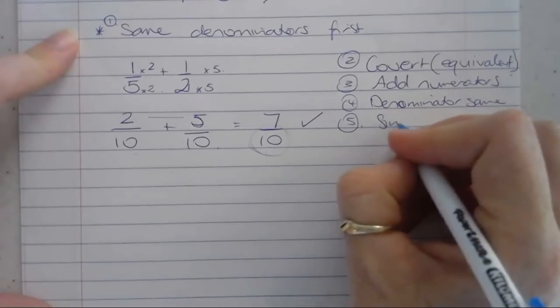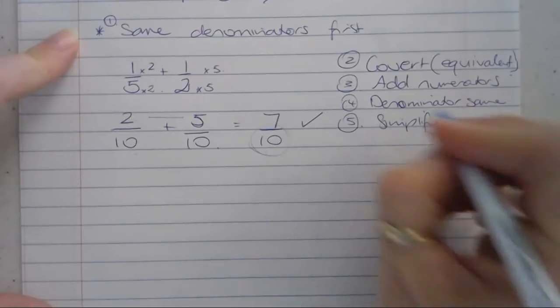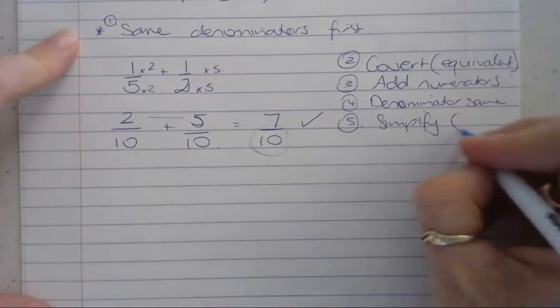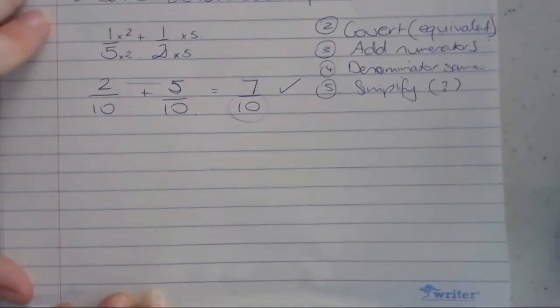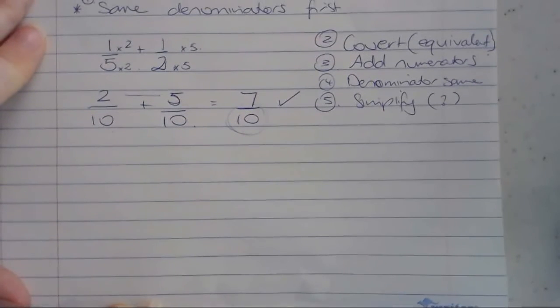And then simplify if you can. I'll put a question mark in brackets there because sometimes you don't need to or you can't in your answer. Let's do one more example just like that. I'll leave those steps on there so we can see.